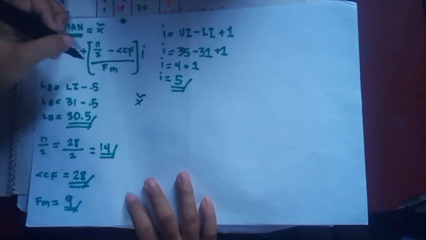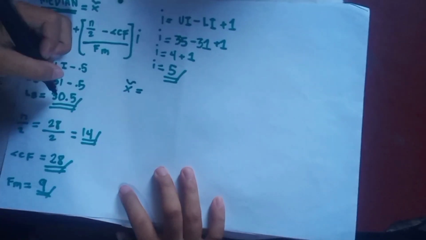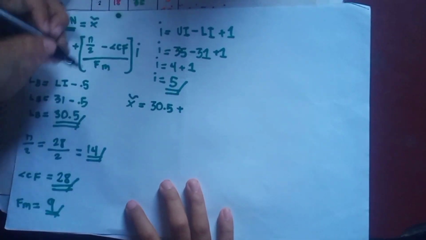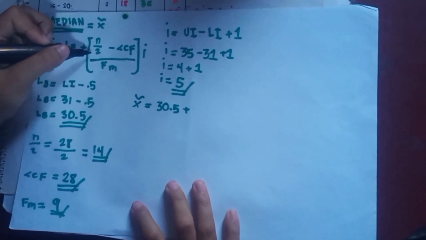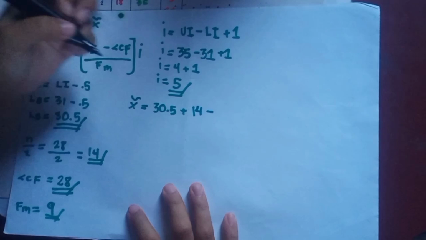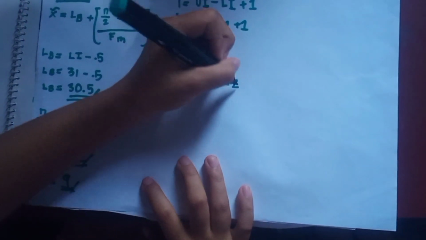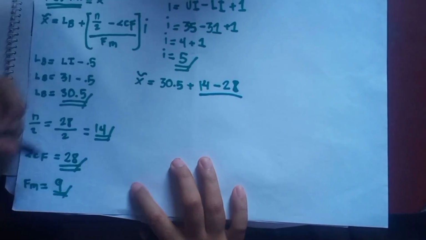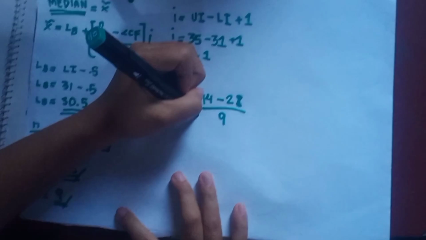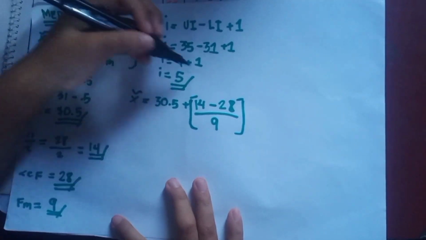Therefore, the median is equal to our lower boundary, which is 30.5, plus our n divided by 2, which is 14, minus our cumulative frequency, which is 28, divided by the frequency of the median class, which is 9, and multiply it by i, which is 5.